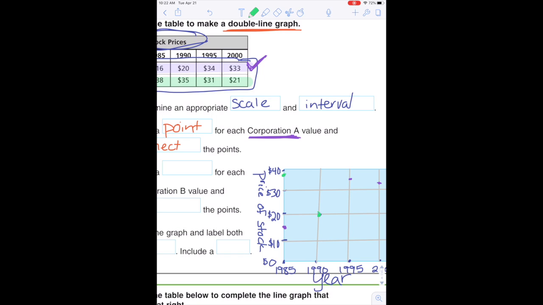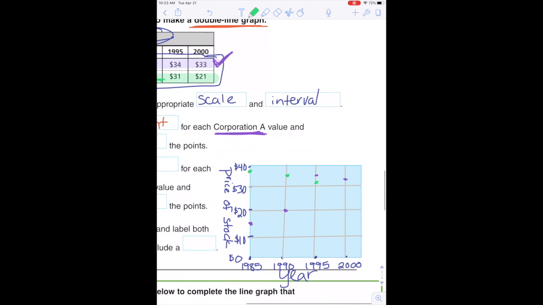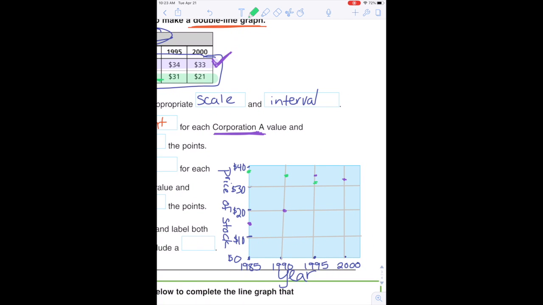Oh, Miss O'Mara made a mistake. I looked at the wrong number. 1990, they were at 35. 1995, they were at 31. So right there. And 2000, they were at 21.